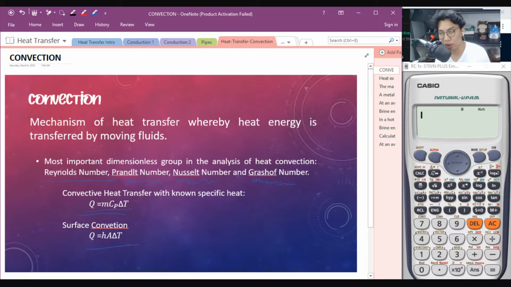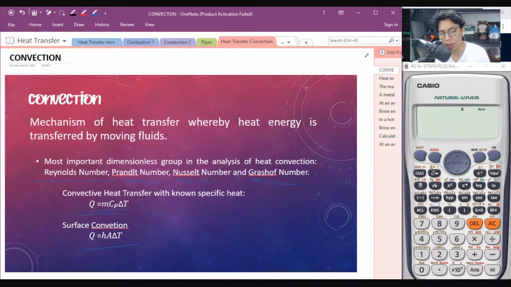Yung h, anong unit niyan? That is watt per meter square degree Kelvin or BTU per hour feet square degree Rankine or degree Fahrenheit. Ito yung sa surface convection.